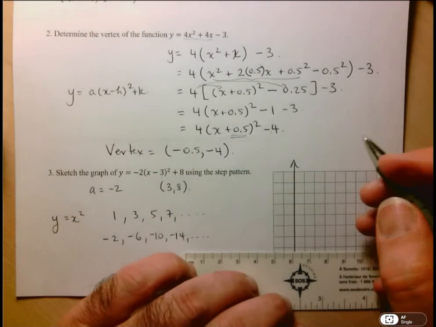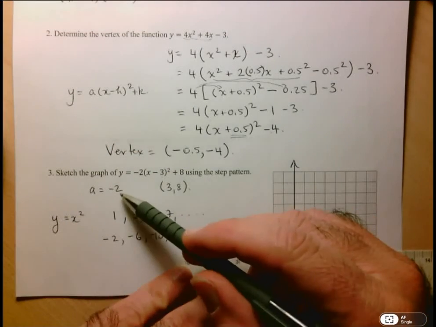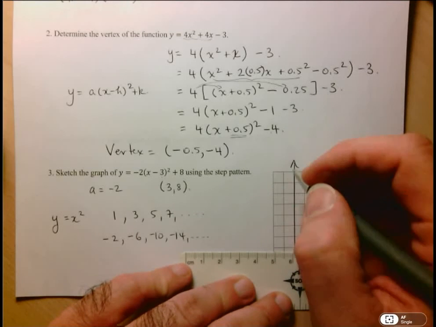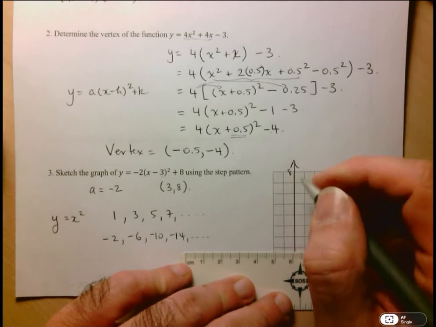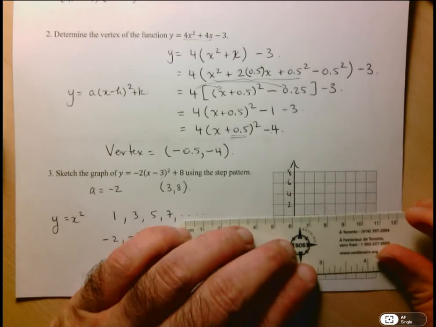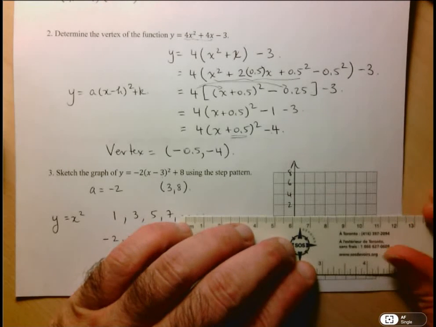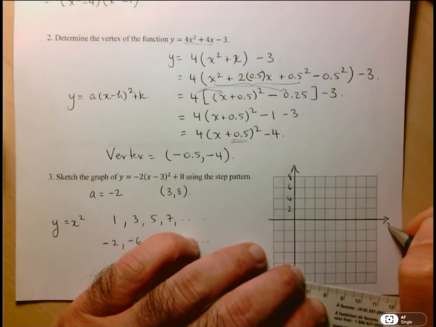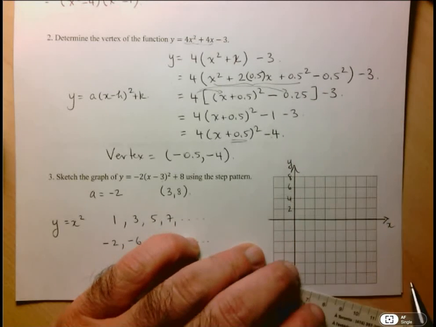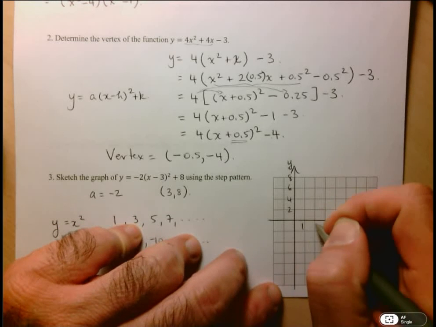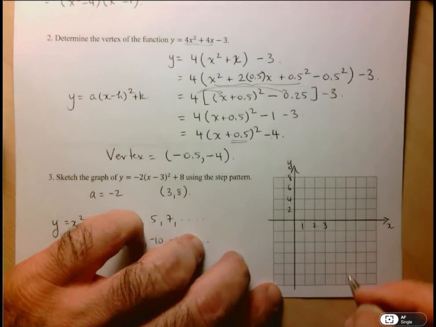Since this is going downwards, I'll try to put my vertex at the very top, so I'll make this 8. Okay, so 6, 4, 2. So that means I'll put my x-axis right here. And since I'm just going up by 1 every time for the x values, I'll actually use that as my scale, going up by 1.